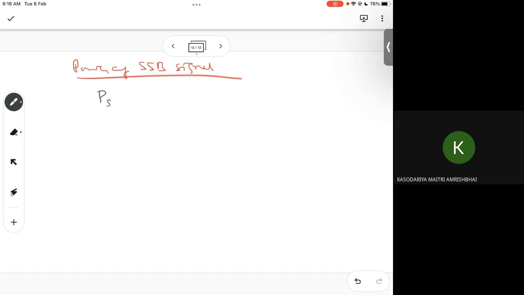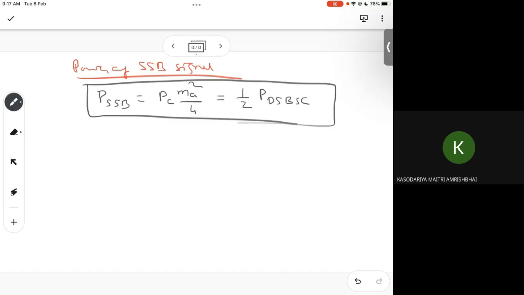So P of SSB is simply Pc ma squared by 4. If you recall in AM, we have two side frequencies which have a power of Pc ma squared by 4 each. So in this case, it is basically half of the power in double sideband suppressed carrier. So this is the power of my SSB signal, straightforward.